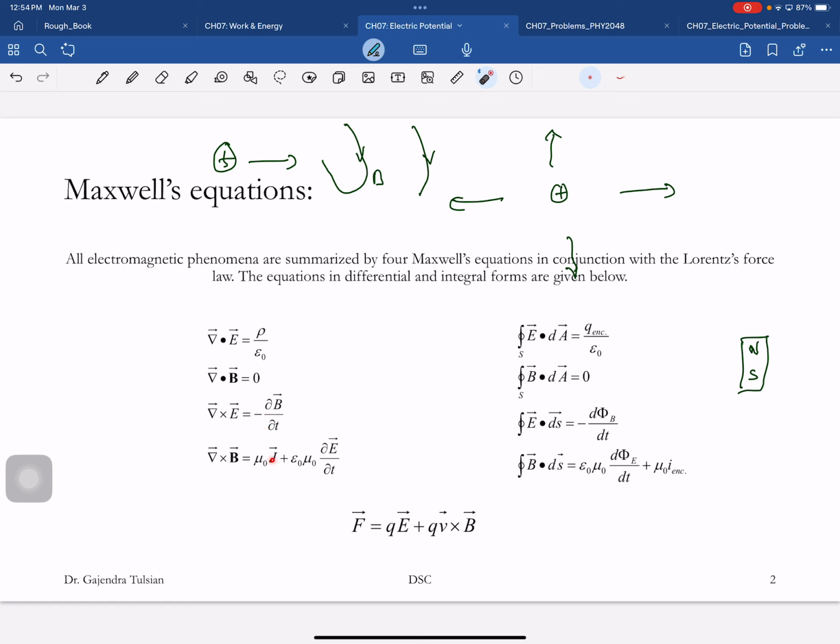This equation is telling you, this is current density, moving charges produce magnetic fields. So that's an entire chapter. We'll be devoting entire chapters to each piece of the equations: currents producing magnetic fields, time varying electric fields producing magnetic fields.